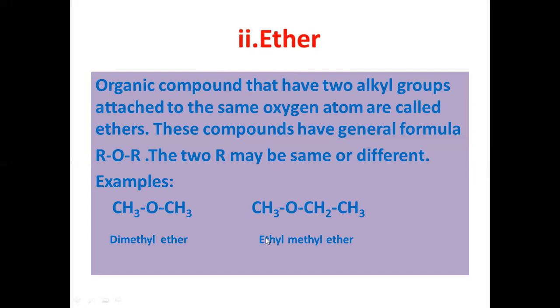E comes before M. So we will name it ethyl, then methyl, and ether. In this case, both the alkyl groups are the same, so dimethyl ether is the example. So alcohol and ether are the functional groups or the organic compounds which contain carbon, hydrogen and oxygen, and all the bonds are single bonds.